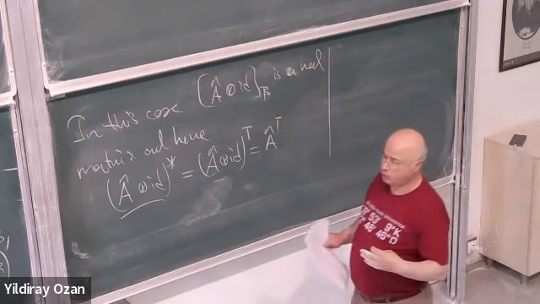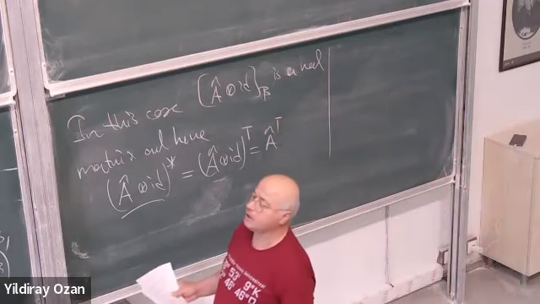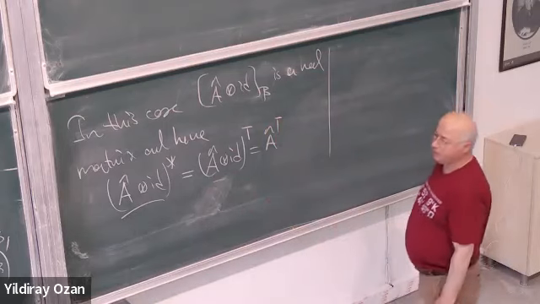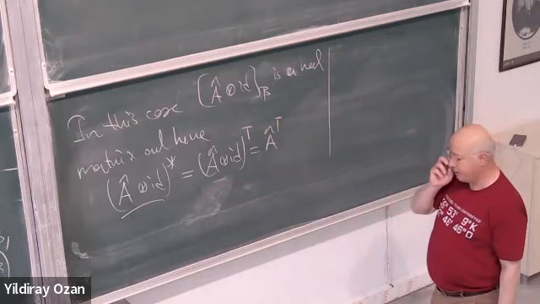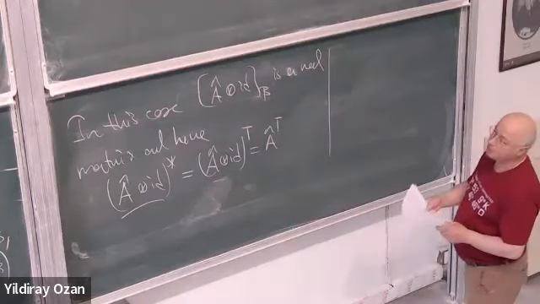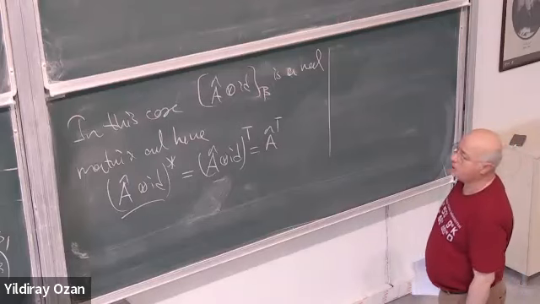Yani eğer operatörünüz reelse o zaman onu kompleks diye de görebilirim. Ve eğer simetrikse otomatikman Hermitian olacak.